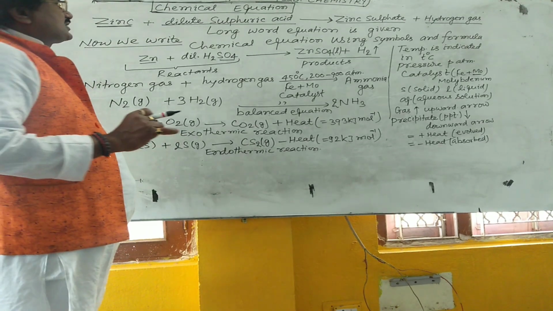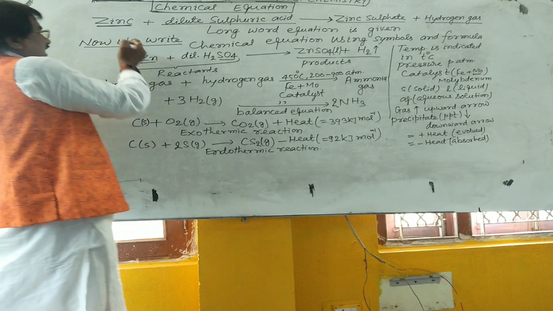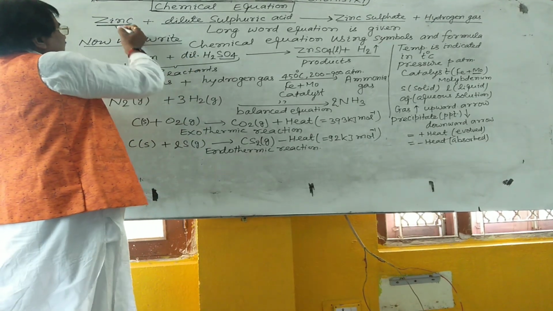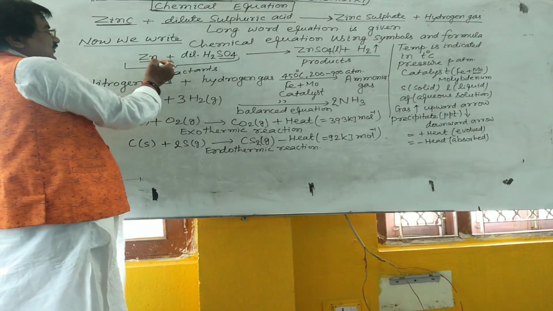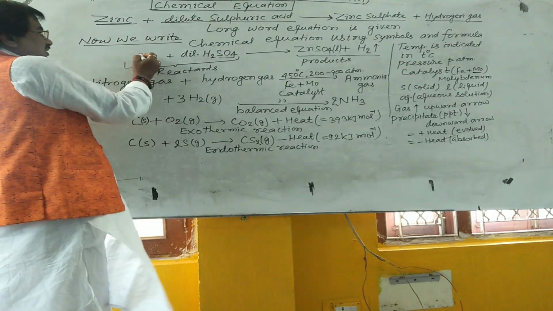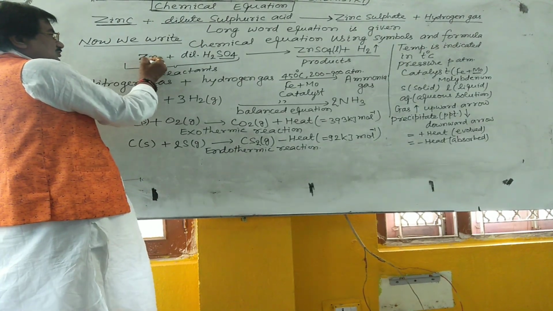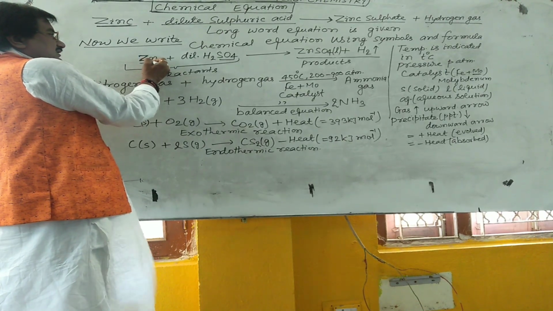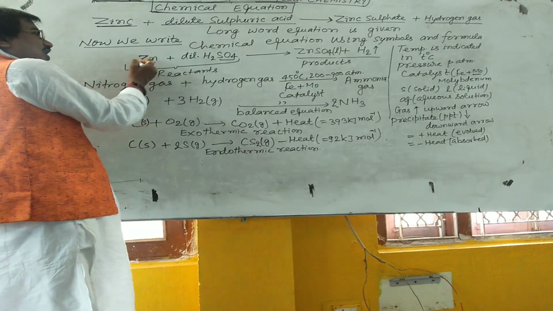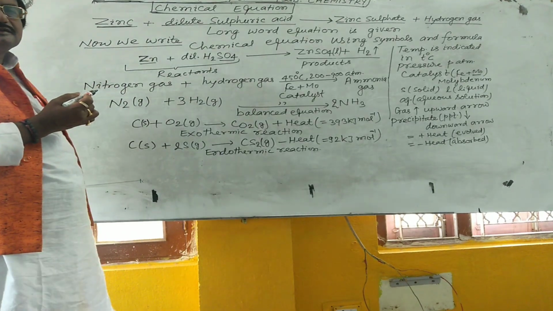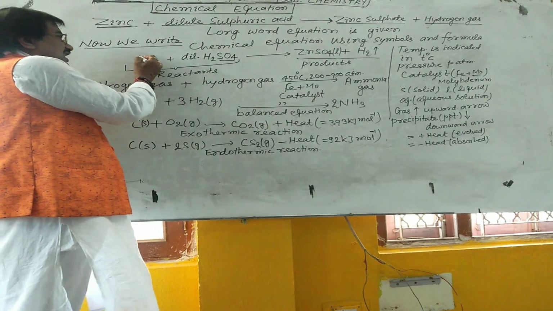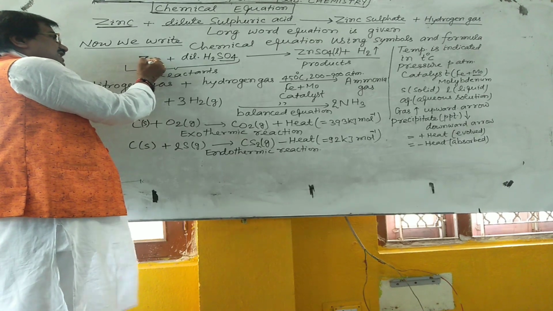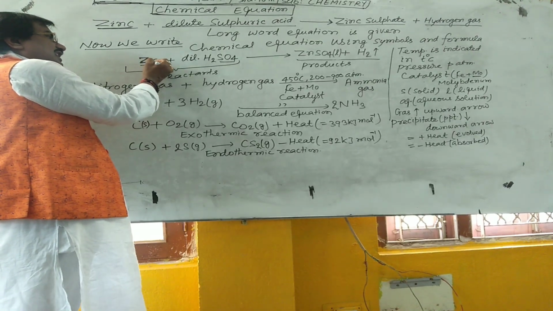So dear students, we can write like this in chemical equation form. The symbol of zinc is Zn, you know. If you write the symbol of any element, the first letter will be capital and the second letter must be small.